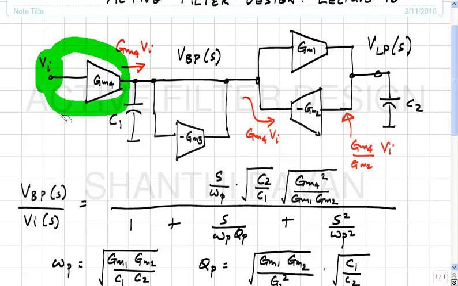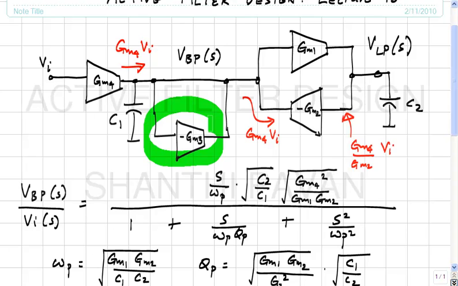Okay, and if you want to make the quality factor of the poles infinite, if you wanted to change only one component, what will you do? Pardon? GM3 to be made 0. Okay. In other words, this GM3 fed back on itself is behaving like a resistor of value 1 by GM3.